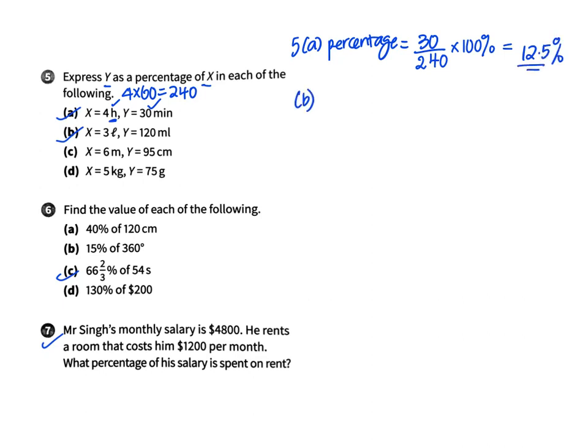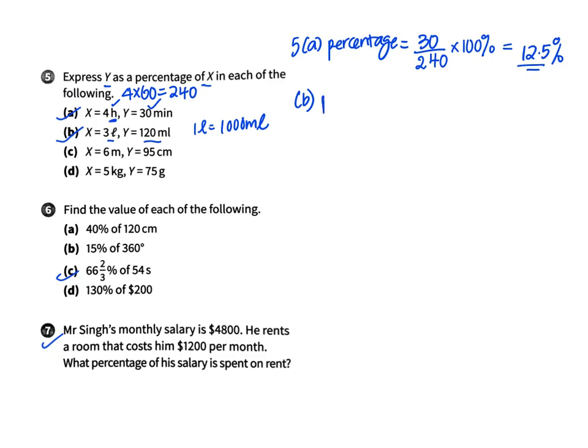Part B, express y as a percentage of x. So y is 120 milliliters, but x is 3 liters. The units are different, right? 1 liter is equal to 1000 ml. So we need to convert x into milliliters.